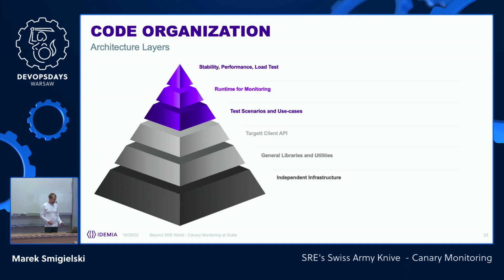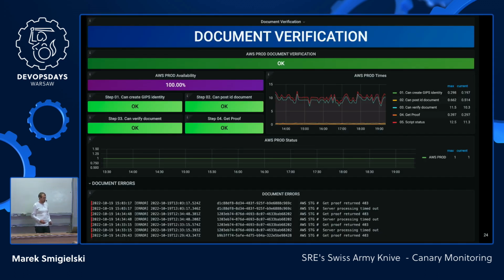And after that, you get the nice dashboards. This is an example from our system with the use case inside, so you also know how it looks when it is done. We have a use case named document verification, and an overall status of this particular monitoring probe.